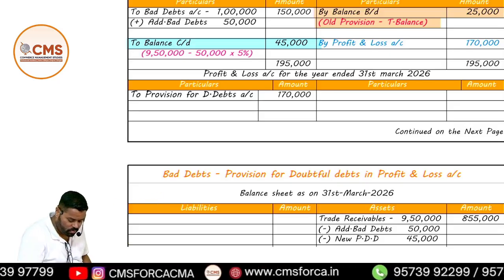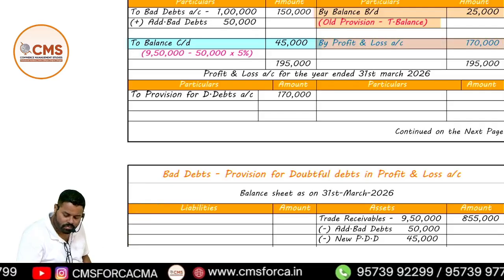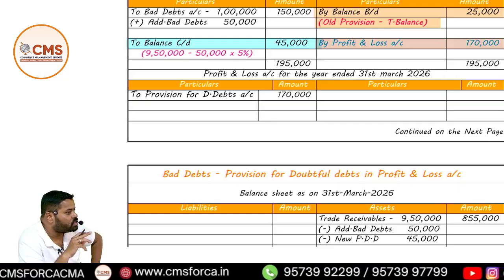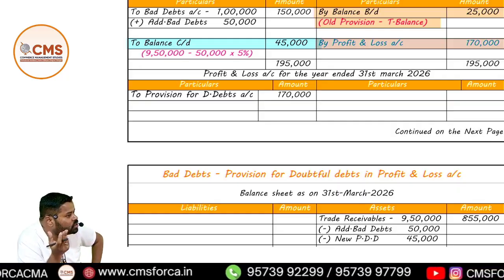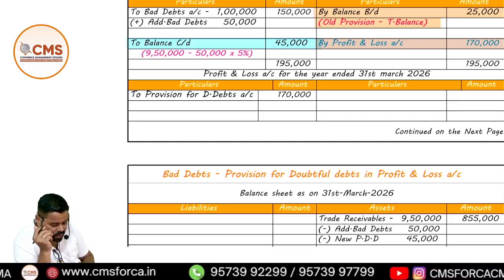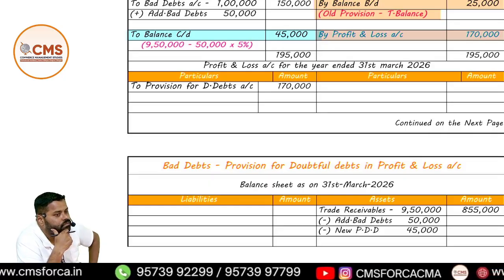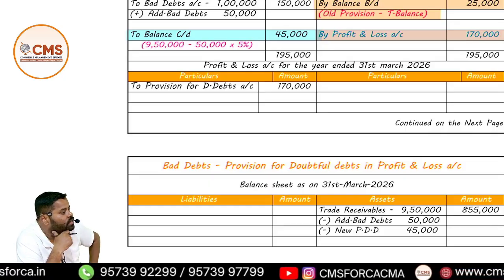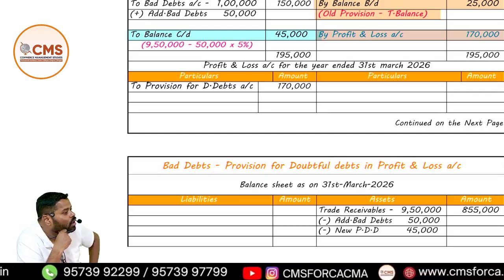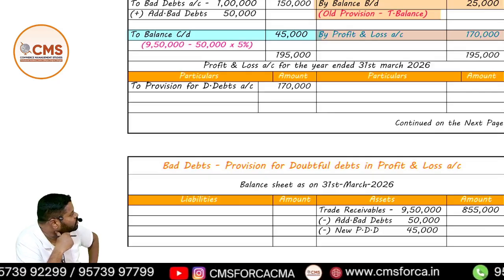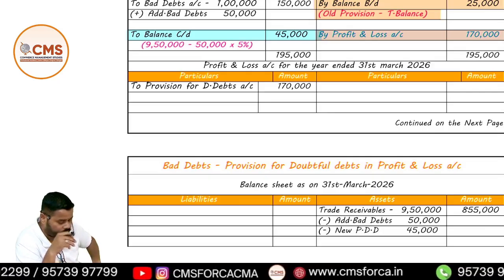This one. P&L is on the credit, so the entry will be profit and loss account debit to provision for doubtful debts. Bring that and write it in your P&L account on the debit side. This is the proper way of disclosing your bad debts and provision for doubtful debts. Am I being clear with this? Right.